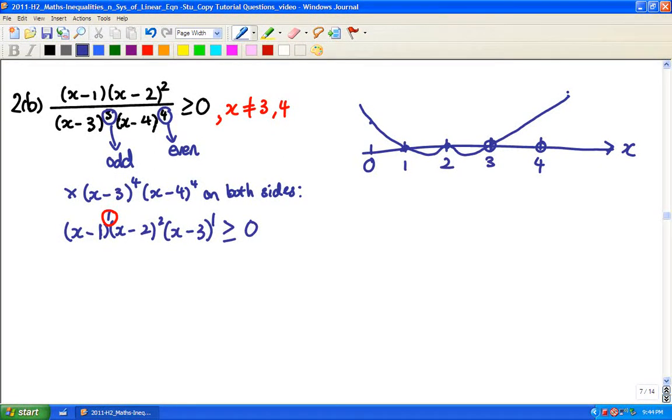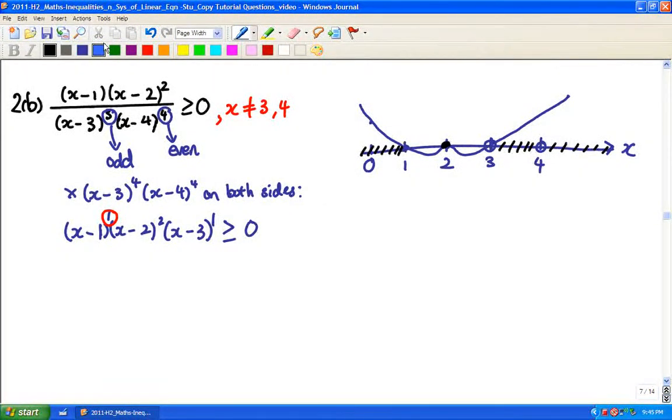Now we want to observe where the graph is above the x-axis because we are looking at greater or equal to 0. So that will correspond to everything here, here, and do not forget, which is a point that is usually forgotten, the root itself, x equals 2.